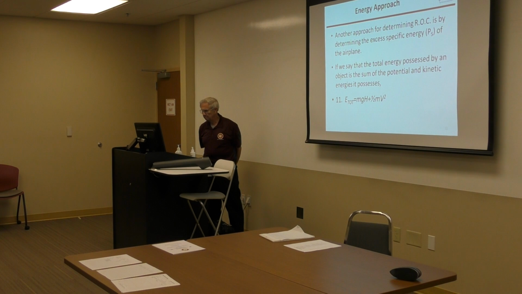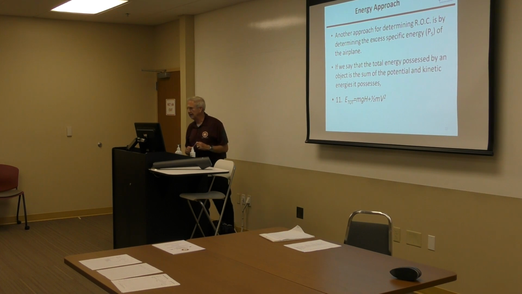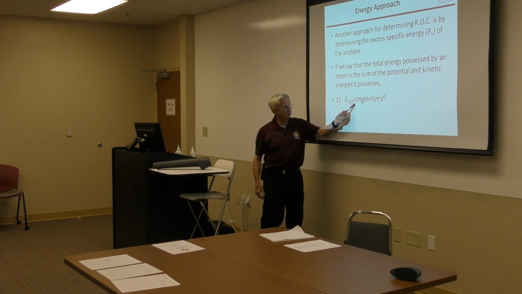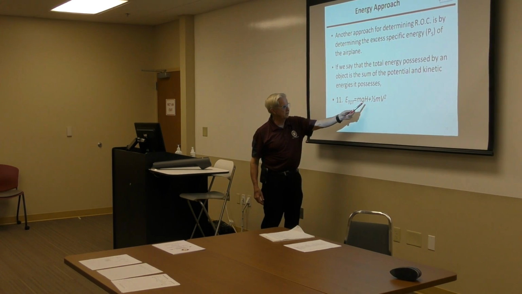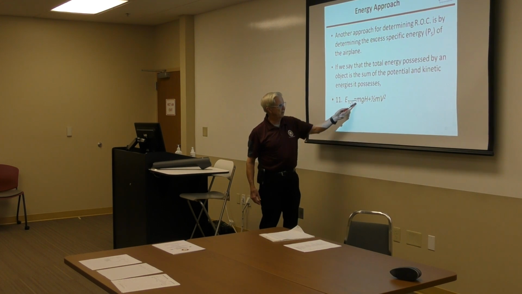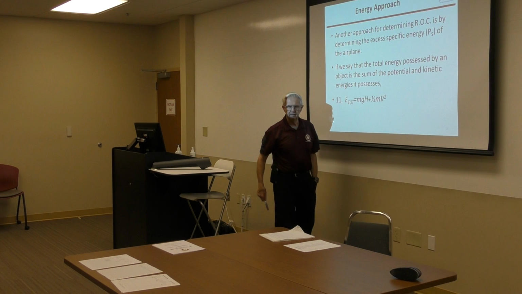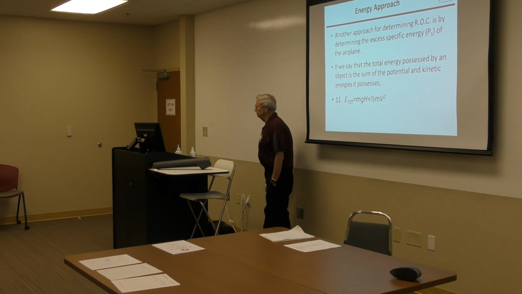If we say that the total energy possessed by an object is the sum of its potential and its kinetic energy, then we can write that equation like this. So the total energy is equal to the mass times the gravity times the height. Okay, that's the potential energy, plus 1/2 mv squared for the kinetic energy.